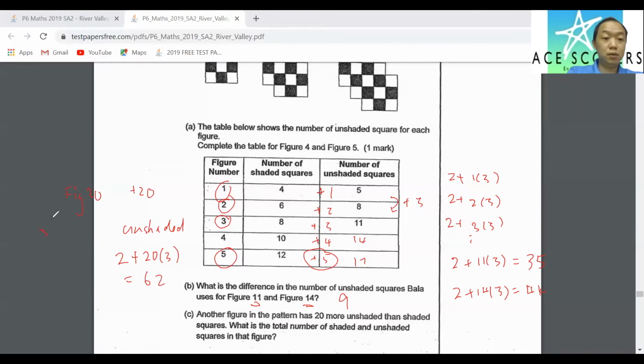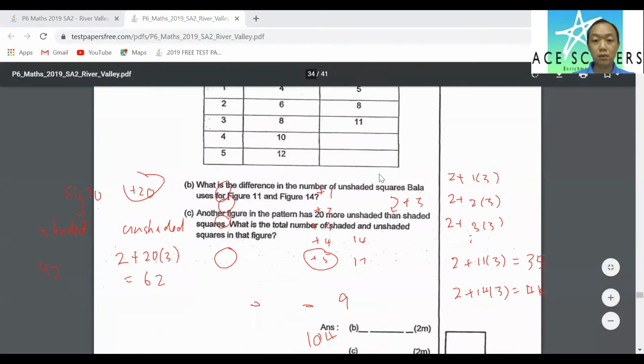Now shaded, we have to minus 20. So it's 42. Because 42 plus figure 20, as we have shown here, will give you 62. So what is the total number of shaded and unshaded? 42 plus 62, 104. Okay, so the answer is 104. So that's the pattern question from River Valley.